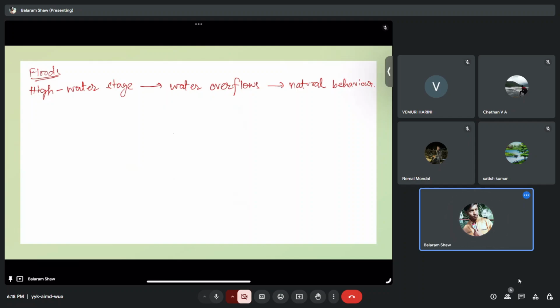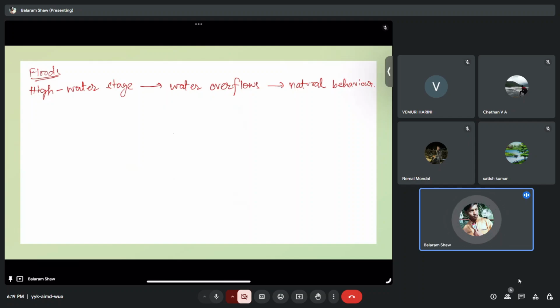For India, the CWC, or the Central Water Commission, gives you the data regarding flows and meteorological or hydrological data.